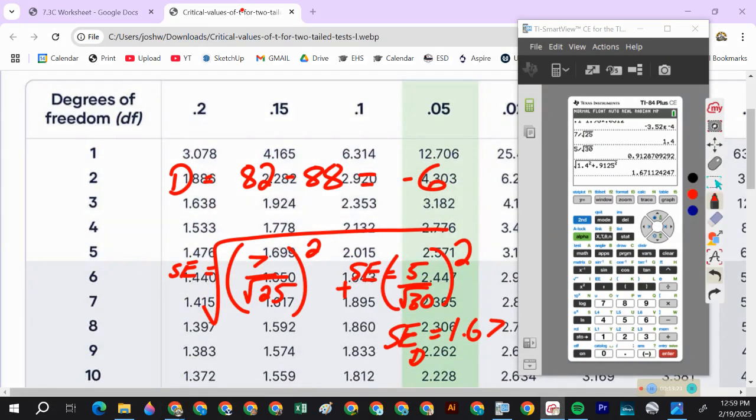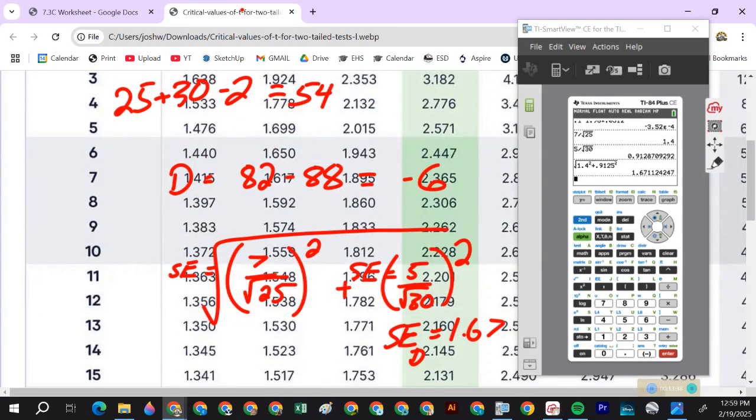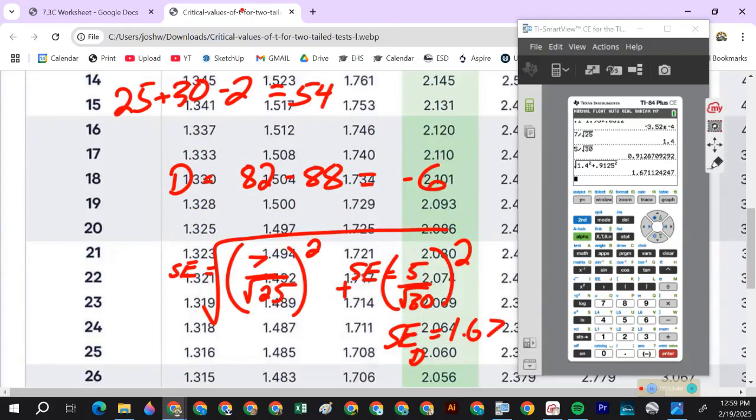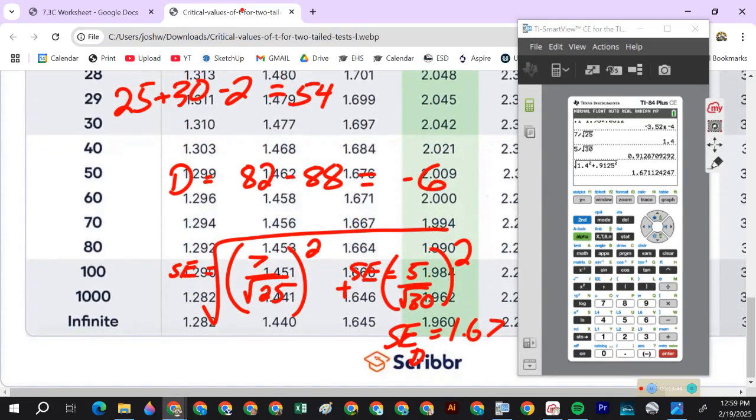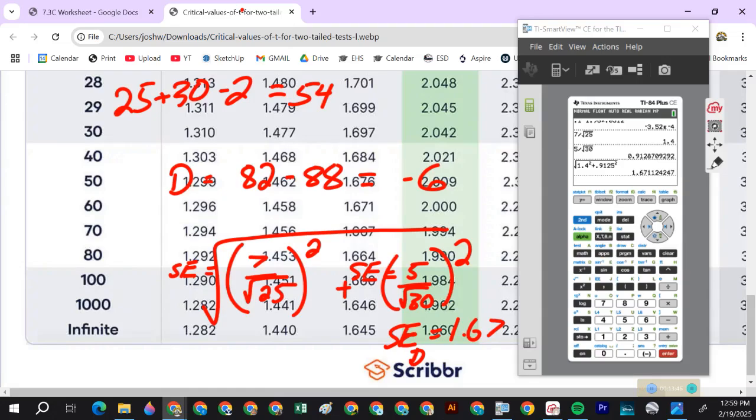So the formula is we take 25, that was the number in the first sample, plus 30, that was the number in the second sample, and we subtract 2, and that gives us 54. So we go to row 54. Now there isn't a row 54, but 50 and 60 are so similar, it's not going to make much of a difference. So we'll round 54 down to 50.